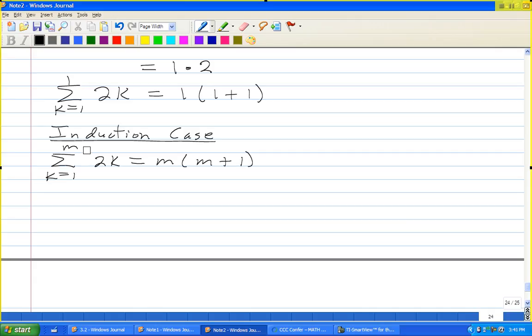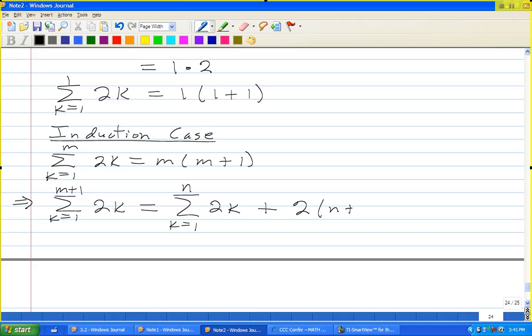So then I have that the sum k equaling 1 to m plus 1 of 2k is the same as the sum of the first k elements plus the very last one, which is found by just replacing k by m plus 1.